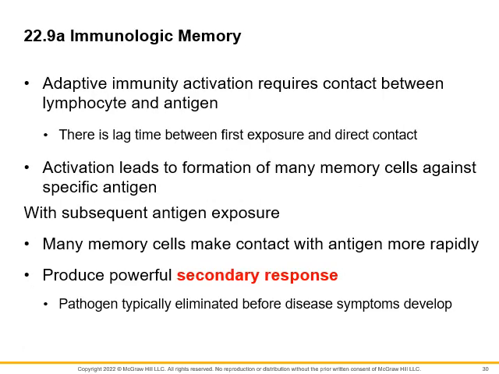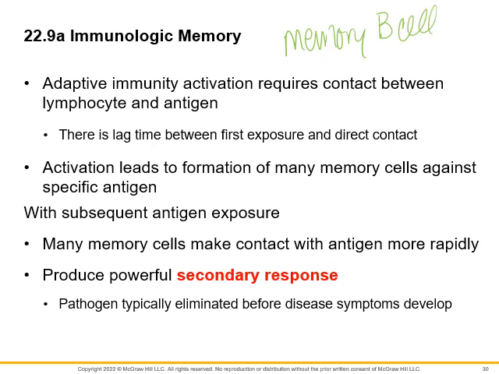So the reason that we have those memory B cells is because it produces this powerful secondary response in a much shorter period of time. So what'll happen is that memory B cell can be activated much more quickly.